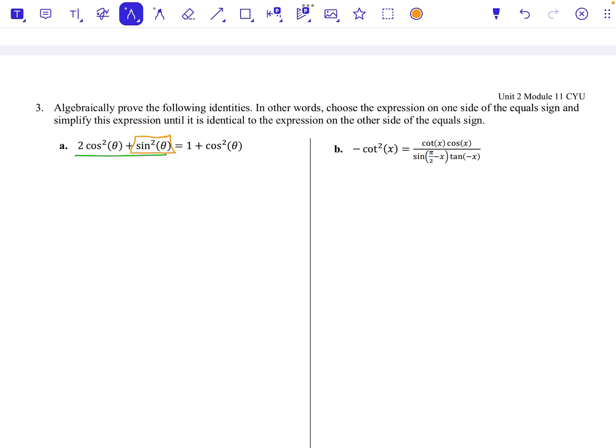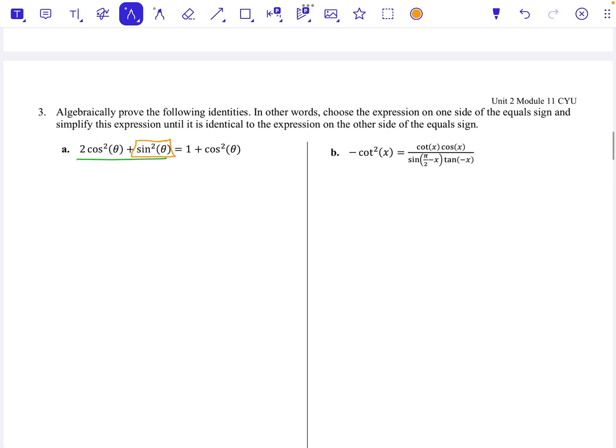Remember, we talked about in one of the earlier problems that 1 minus cosine squared theta was equal to sine squared theta. And that's a rewritten form of sine squared theta plus cosine squared theta equals 1.